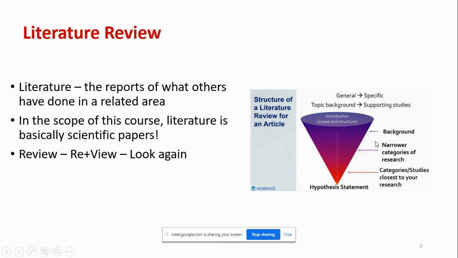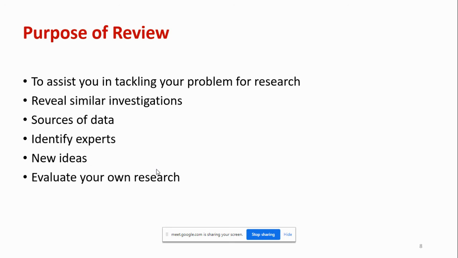By doing the literature review, you are going to search in order to understand the current level of what other people have done. So the review can help you to tackle the problem. It can give you similar investigations. For example, you want to study the impact of smoking on health, particularly the lung.